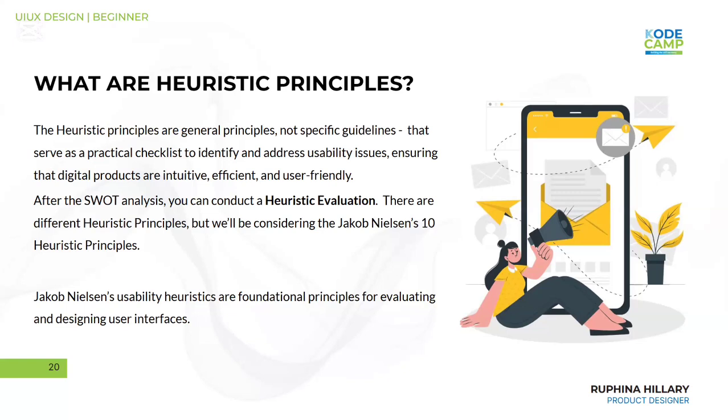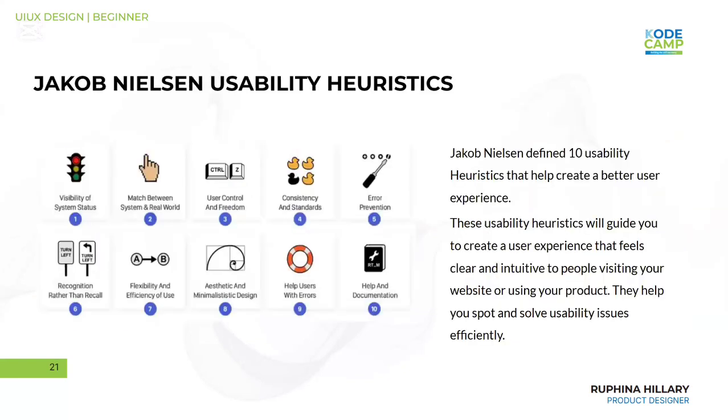So I don't know if that makes sense, but let's get closer. Jacob Nielsen defined 10 usability heuristics that help create a better user experience. These usability heuristics would guide you to create a user experience that feels clear and intuitive to people visiting your product or your website. They help you spot and solve usability issues efficiently.